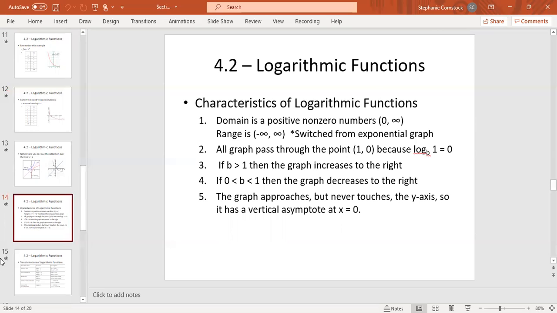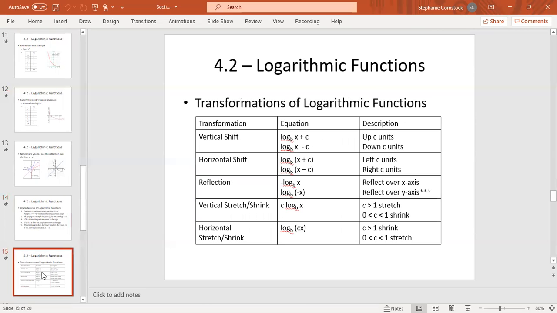Now, we also want to talk about transformations. The thing with transformations on log graphs is that if they want to do a horizontal shift, then they have to put the parentheses on here.